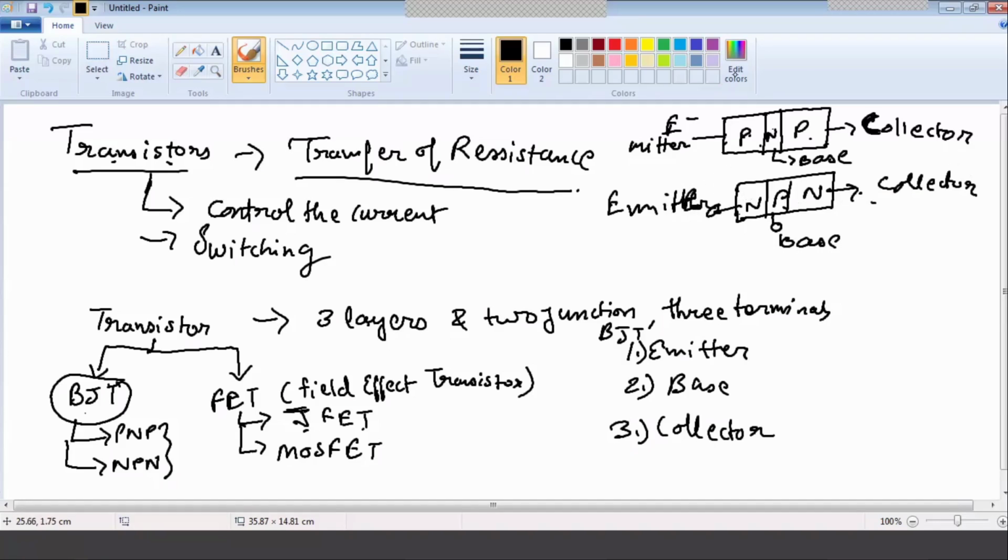Okay, any doubt in this? Now you can observe here, students, there are three layers of material like P and N, right? And there are two junctions. One is between emitter base, one is between base collector, right? Can you observe this thing? Okay.